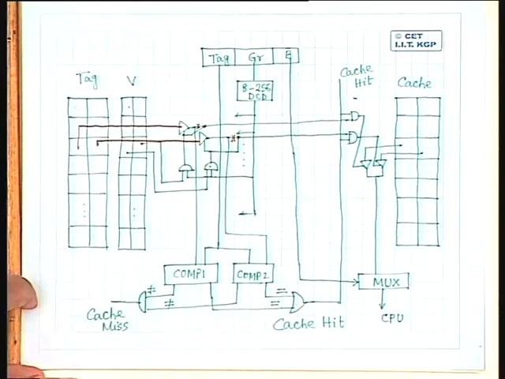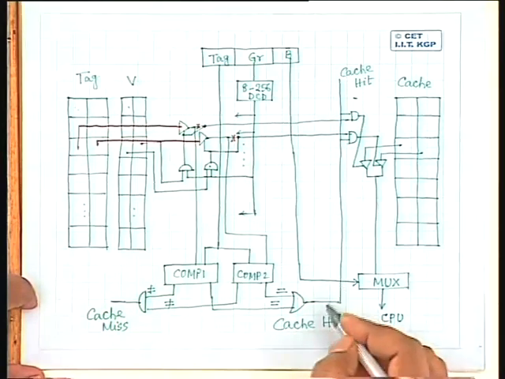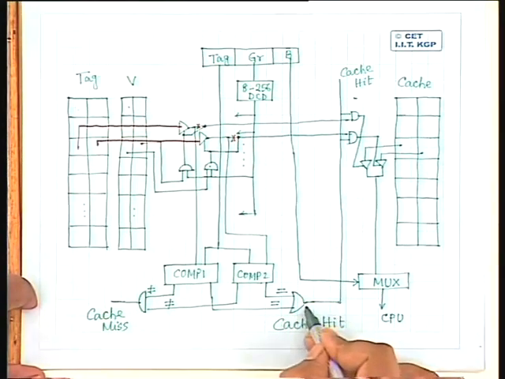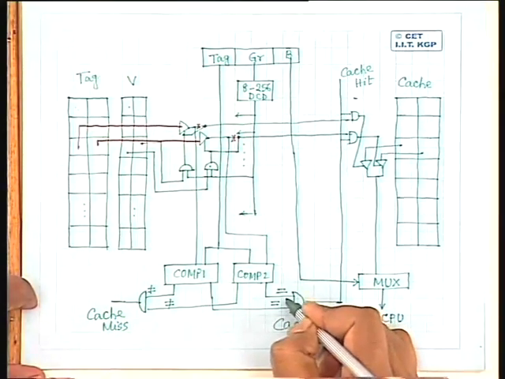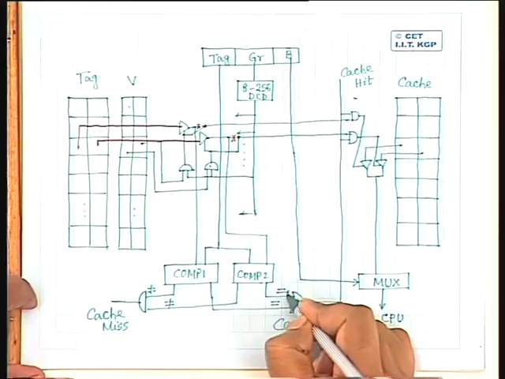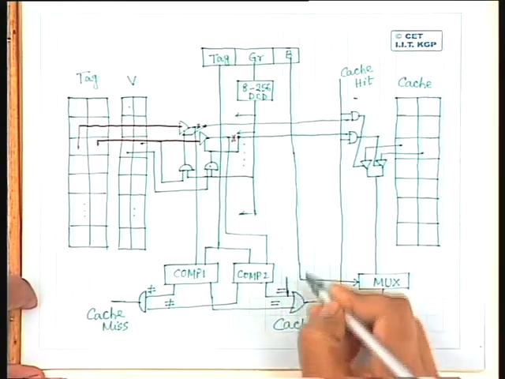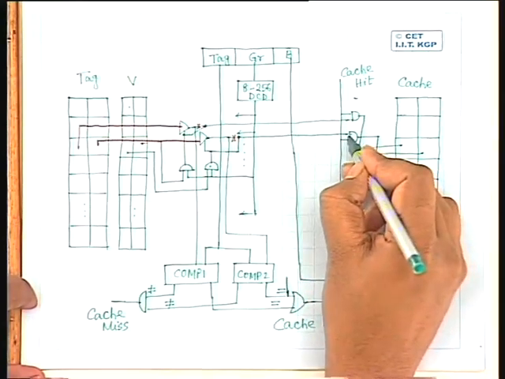If you take the comparator outputs, the is-equal output should be taken, not the cache hit output. Yeah, there is a point. You are right. So what I have to do is, instead of taking this cache hit output, I have to take the outputs from here. This one will go to one of the AND gates, right?